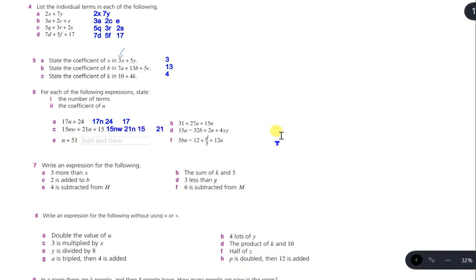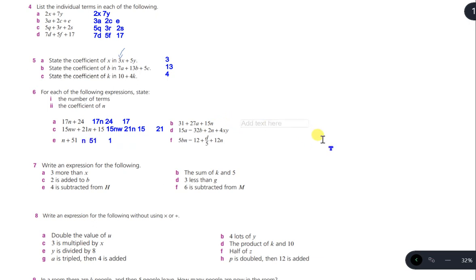For E, all you've got is n, you've also got 51 just by itself, and the number of n's is going to be 1. When there's not a number in front, just imagine there's an invisible 1 there. But obviously because 1 doesn't change anything, they don't end up putting the 1 there.